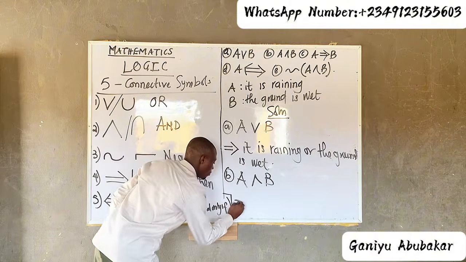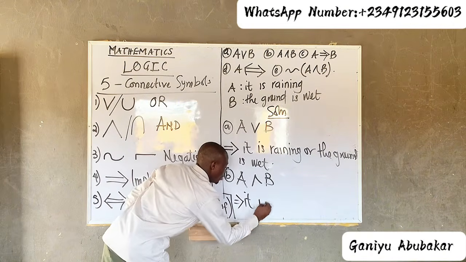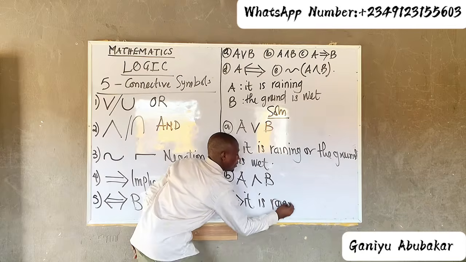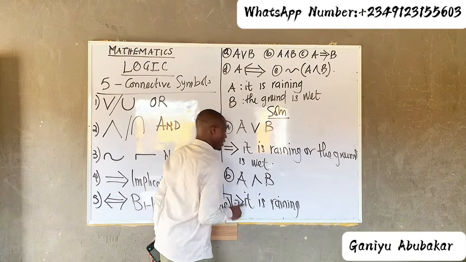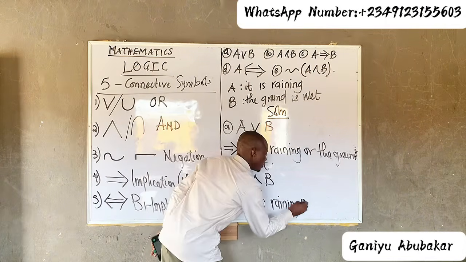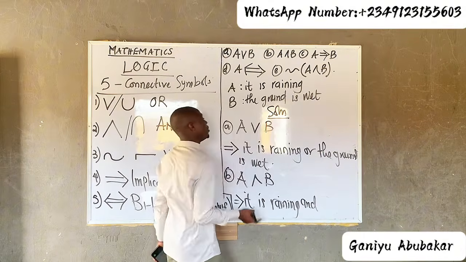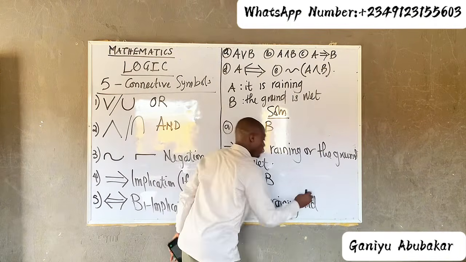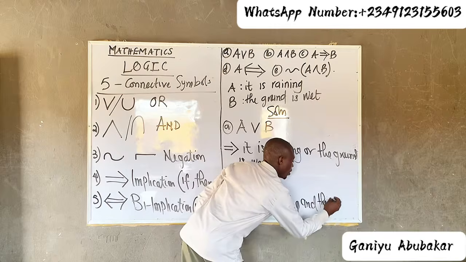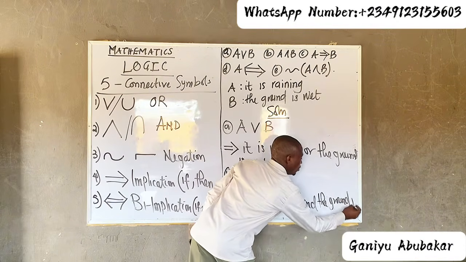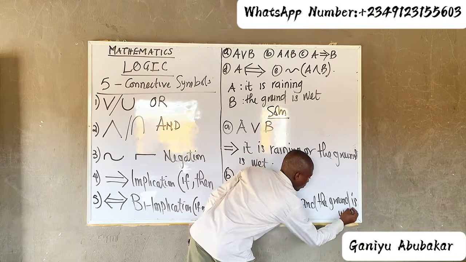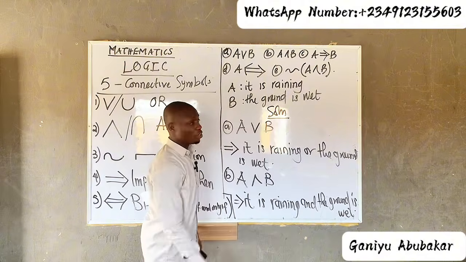A means it is raining, this symbol signifies "and," and B means the ground is wet.